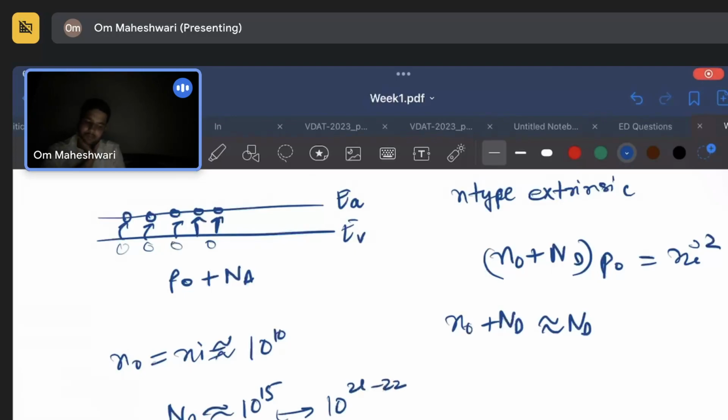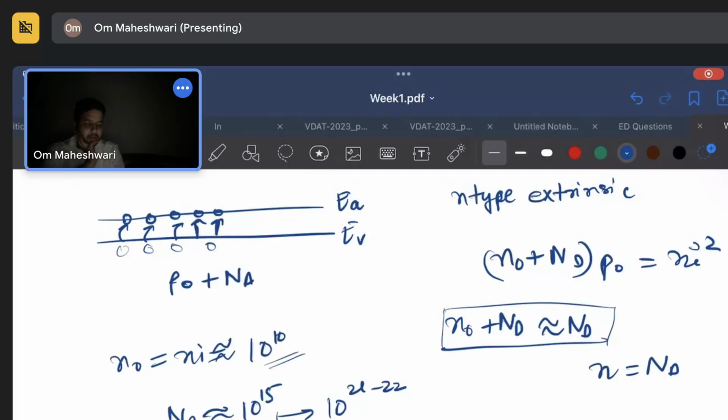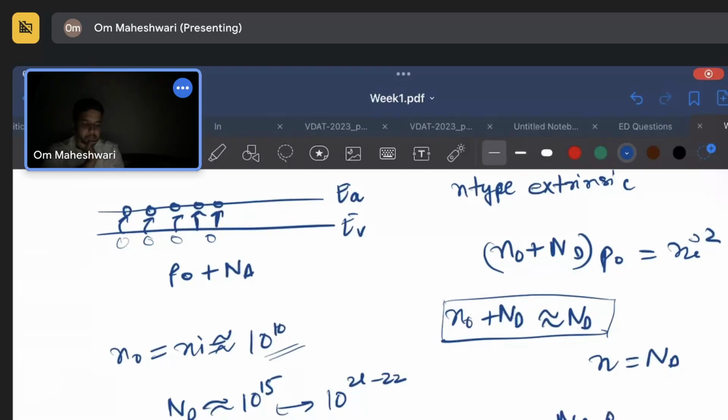So this is very large compared to this, so it can be approximated like this. We can have the whole n equal to Nd, and write Nd P0 equals Ni square. So P0 is equal to Ni square by Nd.